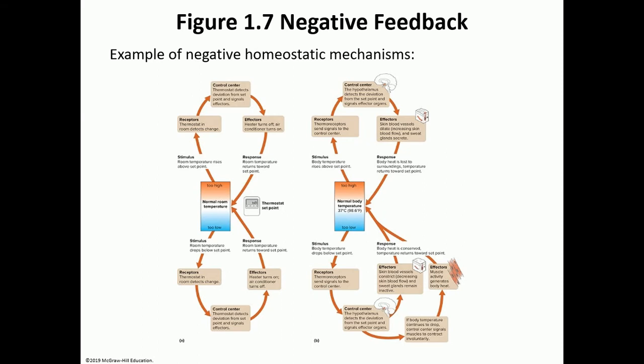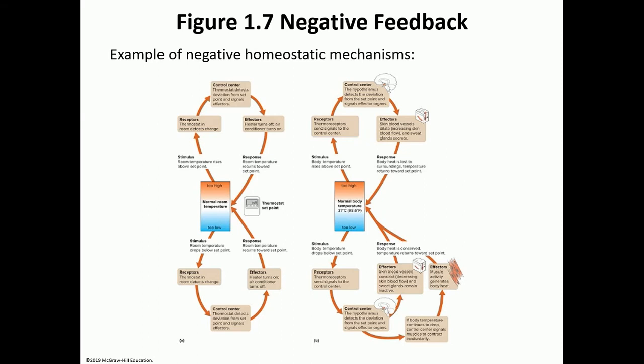Again, these are also thermoreceptors. It will take that stimulus to the control center, which again is still the hypothalamus, and compare it to a set point. Now, the hypothalamus will say that the body is too cold. I need to do something to warm up the body. So what do you think it would do?